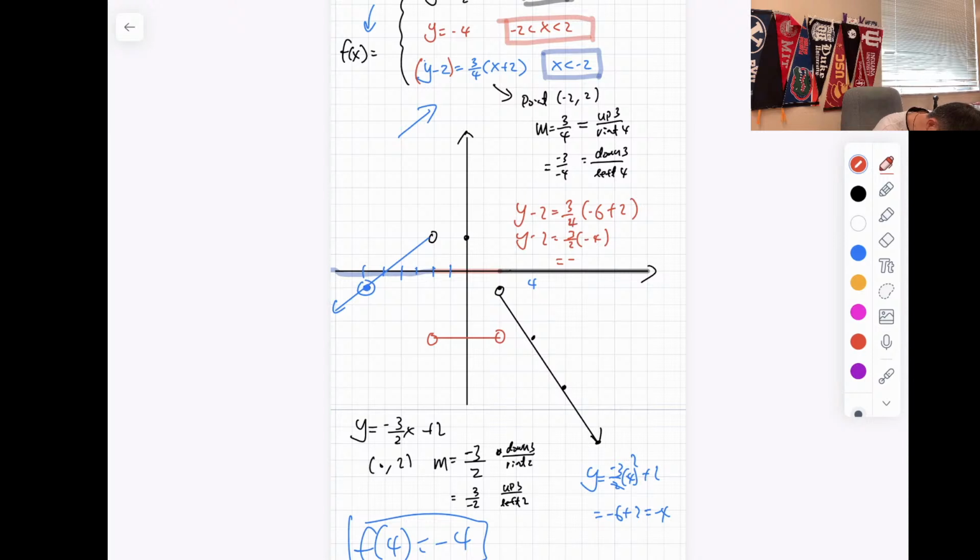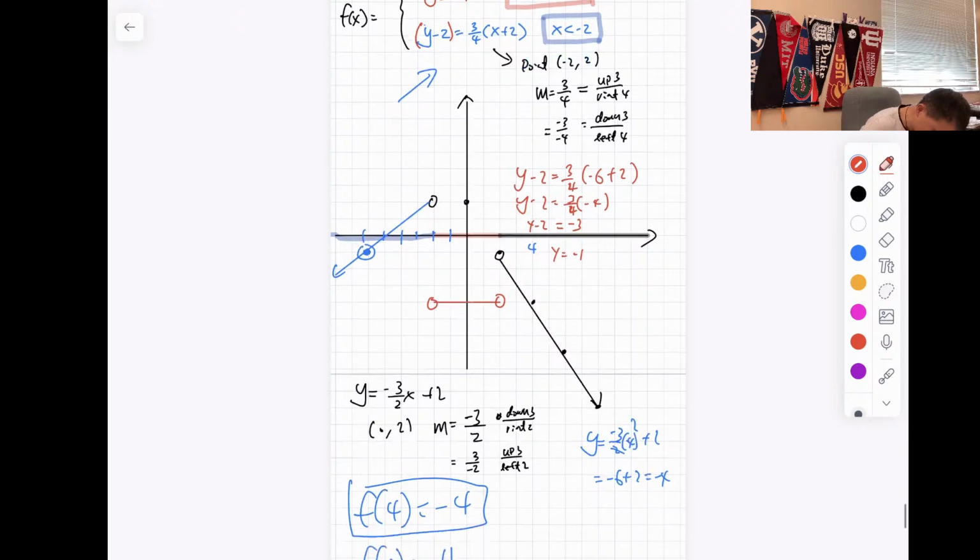Thank you. I was like, why doesn't it add up? So this one's going to give you -3. And then you add 2 on both sides, so it's going to be -1. So it's -1.